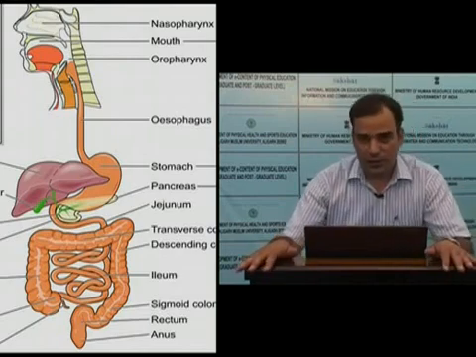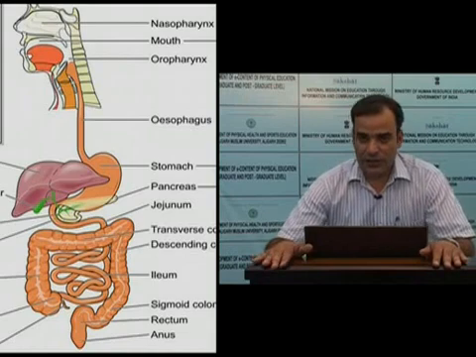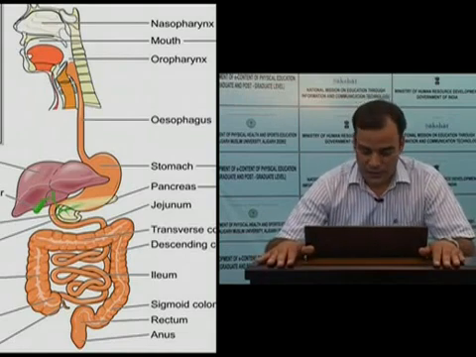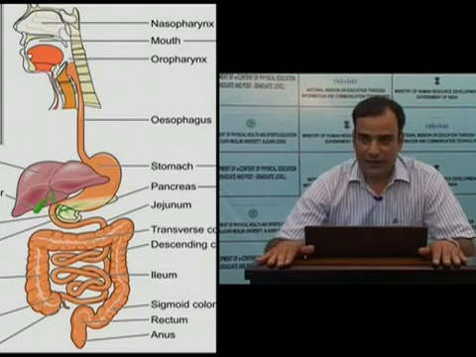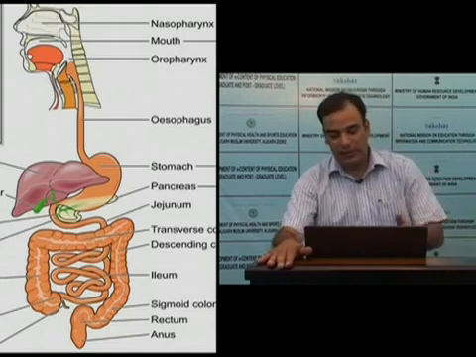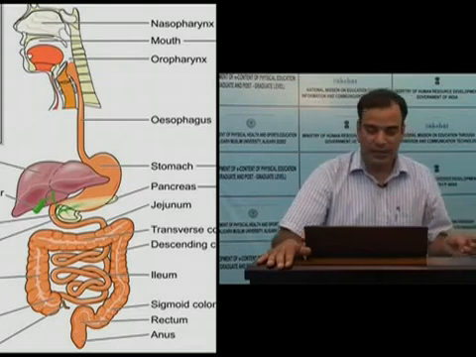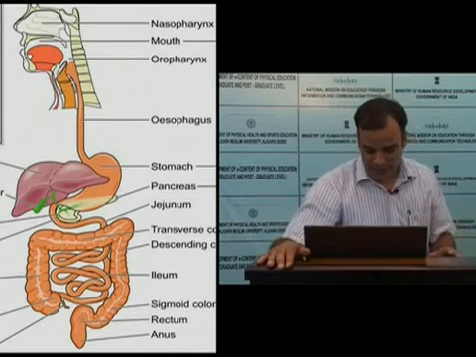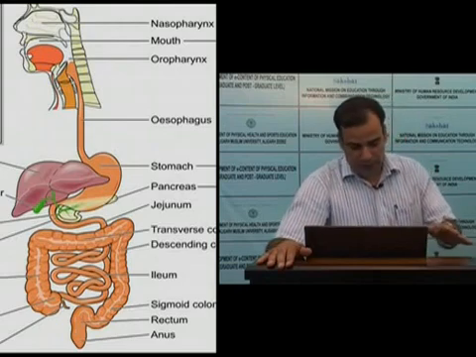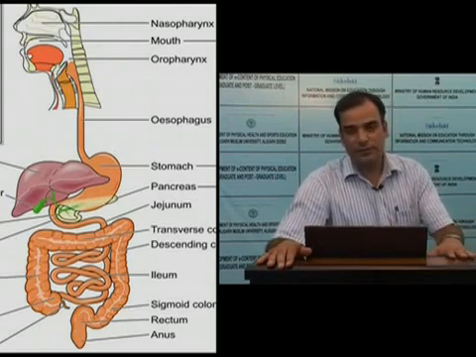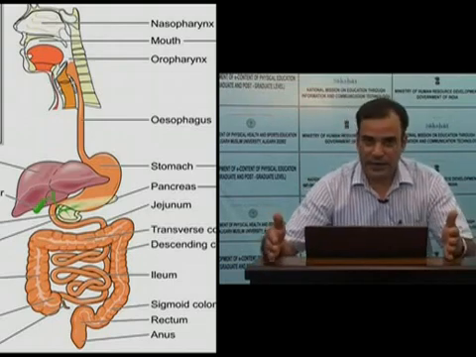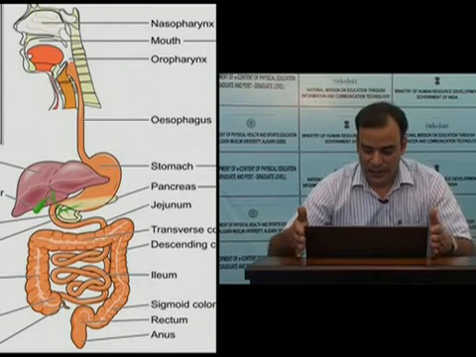Starting from the mouth, in the mouth we have a secretion called saliva. This saliva comes from the glands called the salivary glands. These salivary glands, I have already said, are the accessory glands of the digestive system. Basically, the glands in the digestive system can be divided into two types, accessory glands and the main glands.